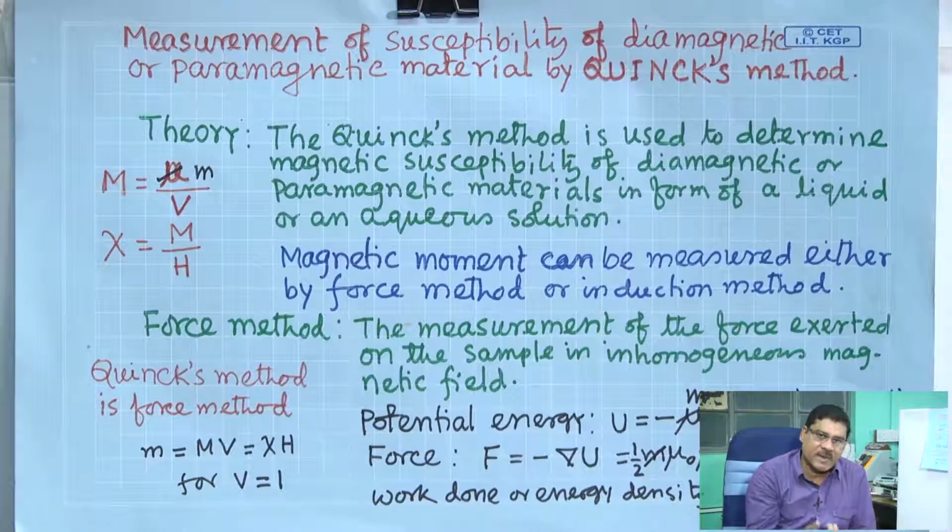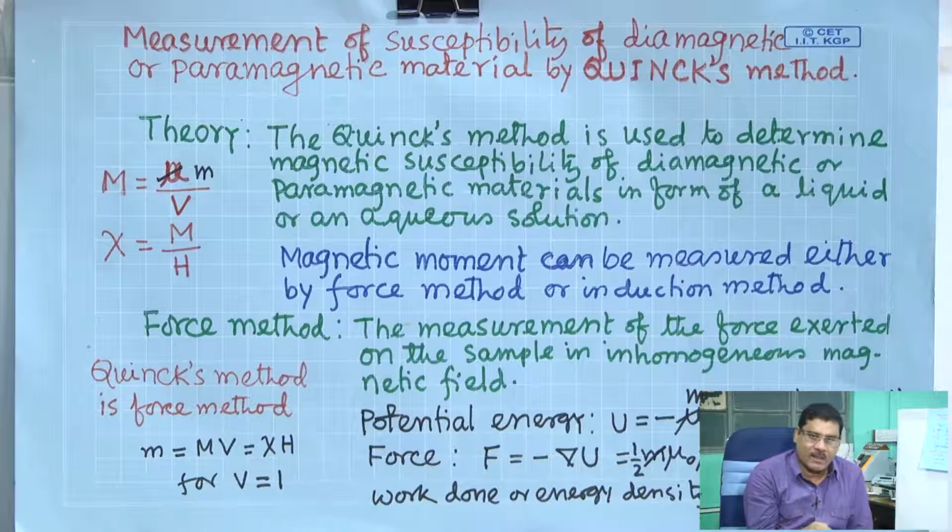One is the induction method. If you take an induction coil and keep it close to the magnetic material, there will be flux linked with the coil.